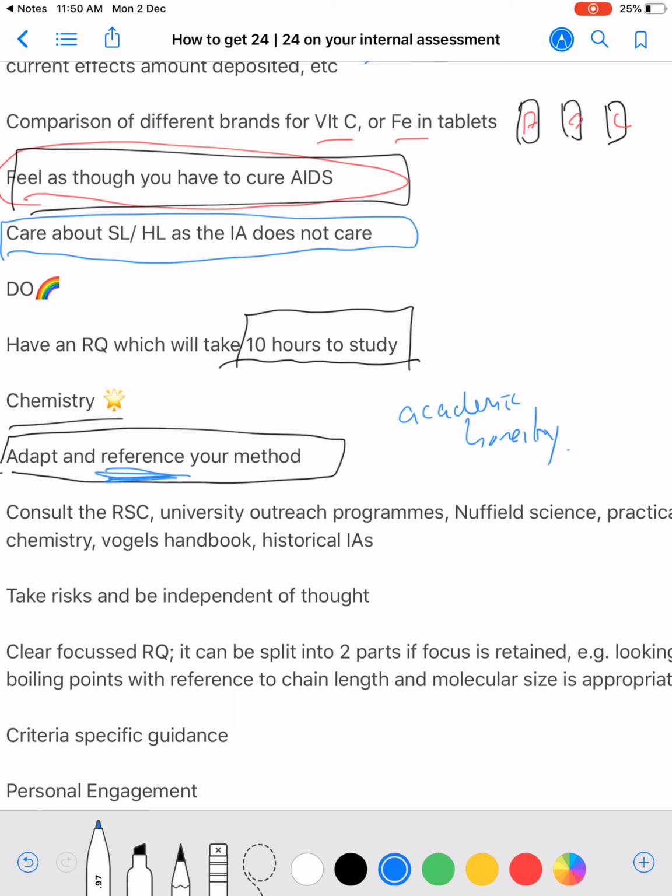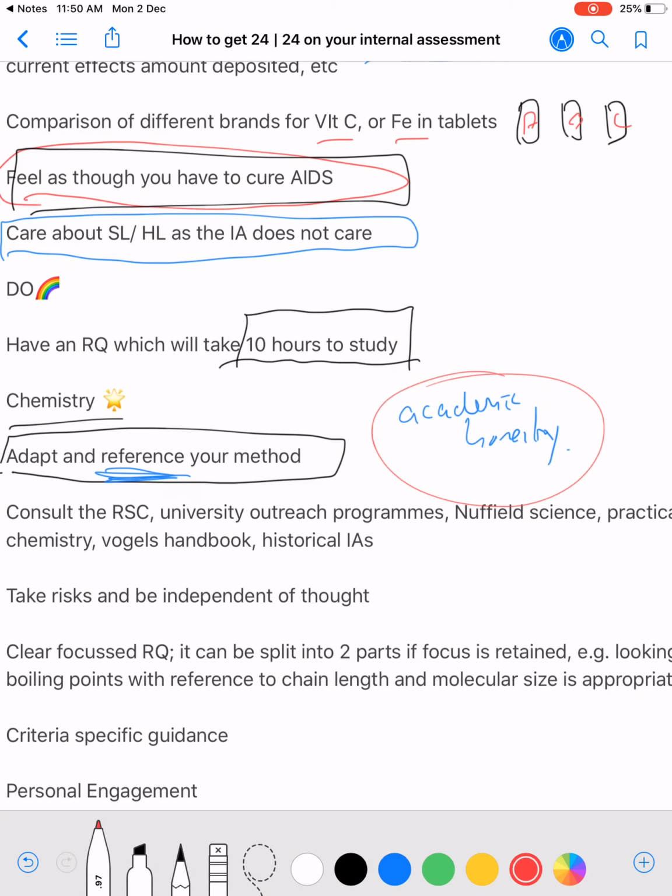Okay, we know that you fill a burette, and a million people have filled a burette before you. That sort of thing is not a problem. But if you're just taking a lump of text from a standard method and popping that into your IA and claiming it as yours, that's a serious issue and could actually put you at risk of not getting your diploma. I cannot underline academic honesty enough.